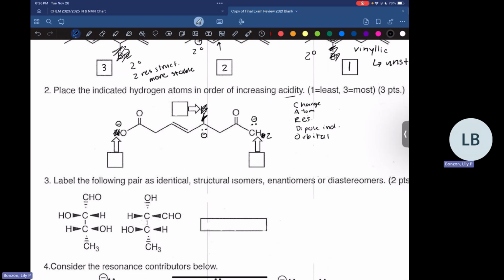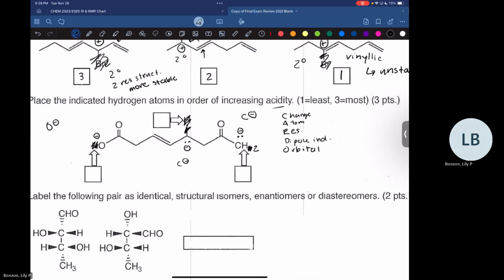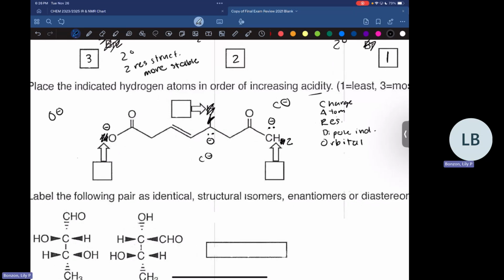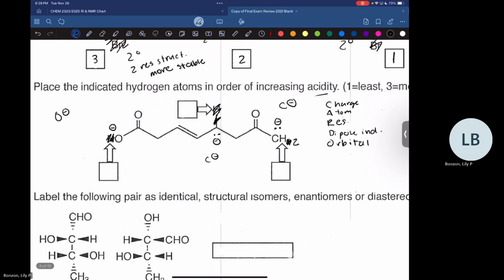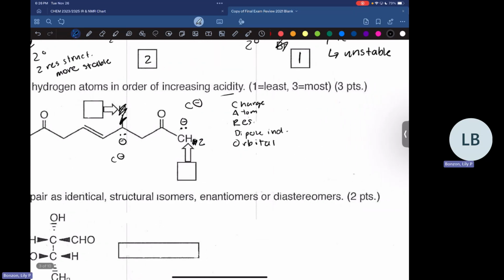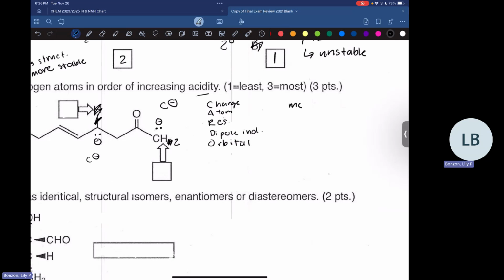So now we have our 3 anions. The anion on the left, we have an O minus. In the middle, we have a C minus. And on the right, we have another C minus. So for acidity, we want the most stable anion.